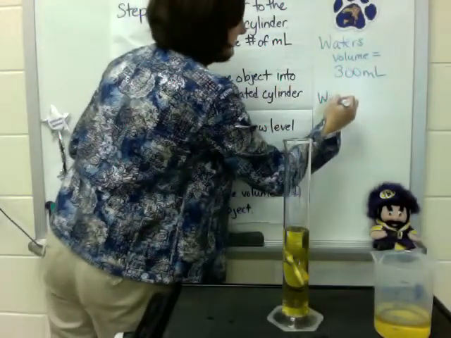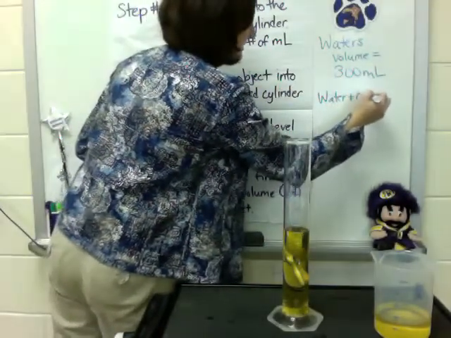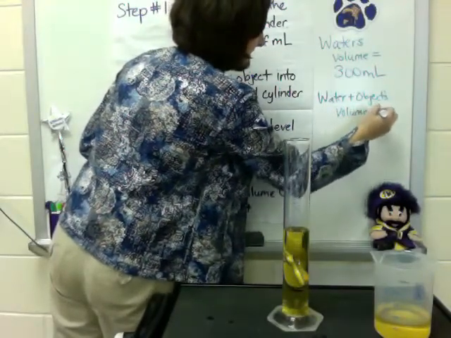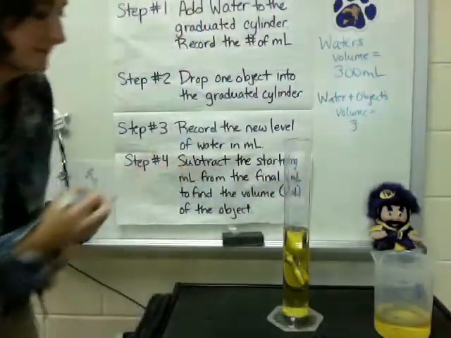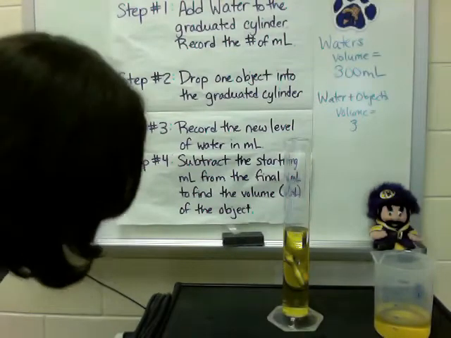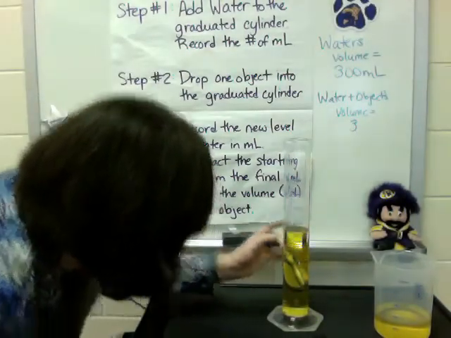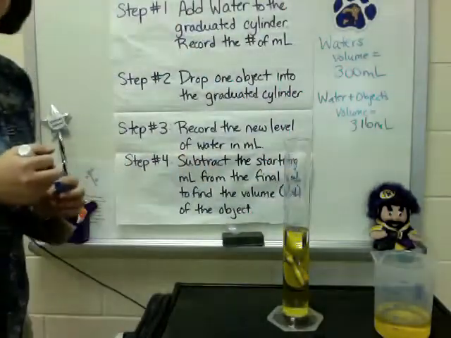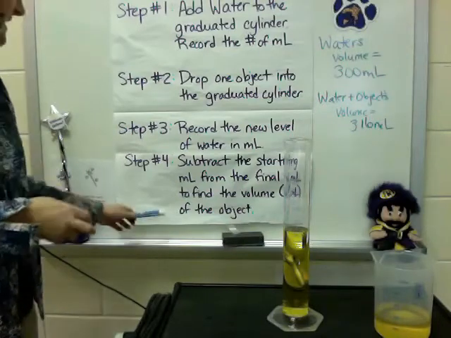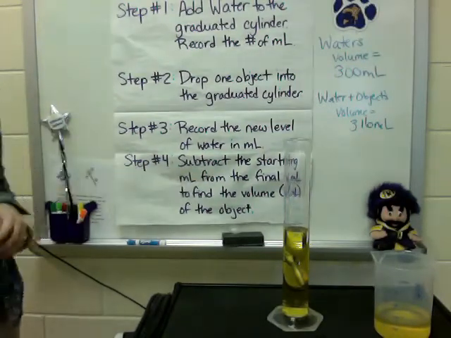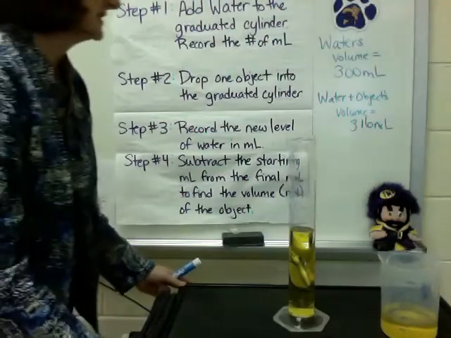So the water plus the object's volume is equal to 316 milliliters. Always double check, remember lowercase m and a capital L. And then finally, we're going to find the volume of just the object. So we're going to subtract the starting milliliters from the final milliliters to find the volume of the object.